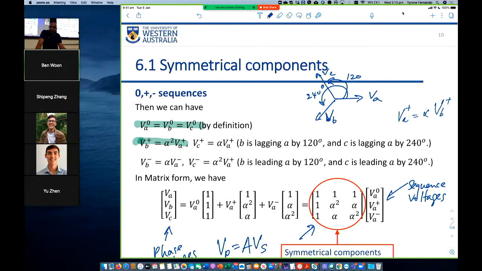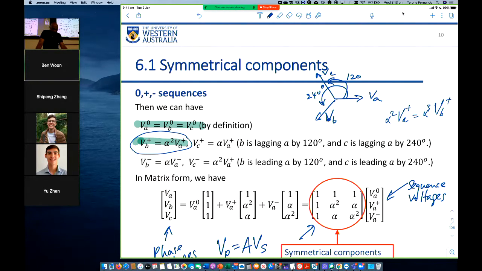We said that because VA plus is 120 degrees in front of VB plus. So if I multiply both sides by alpha squared, this will be alpha squared and this will be alpha cubed, and alpha cubed is 1, so we end up with this expression. So we can say VB plus is alpha squared VA plus, right?